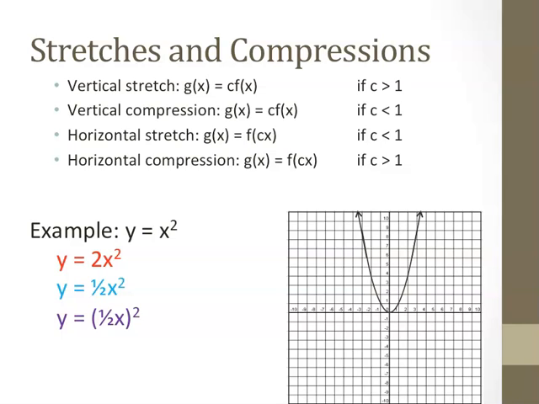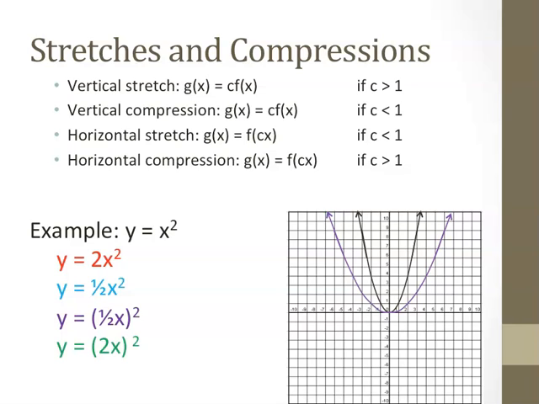So that means we have some sort of horizontal stretch or compression, and since 1/2 is less than 1, this is a horizontal stretch. Again, you can use a specific point from the original parent function. So again, I'll use (2, 4). And instead of being at (2, 4), now our point is going to be at (2, 1)... so it's stretched horizontally.